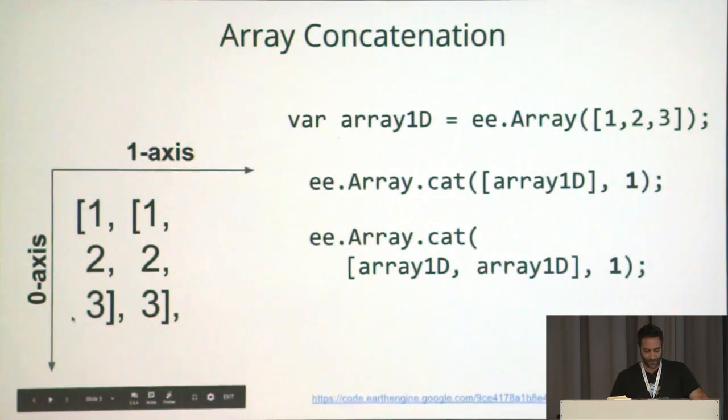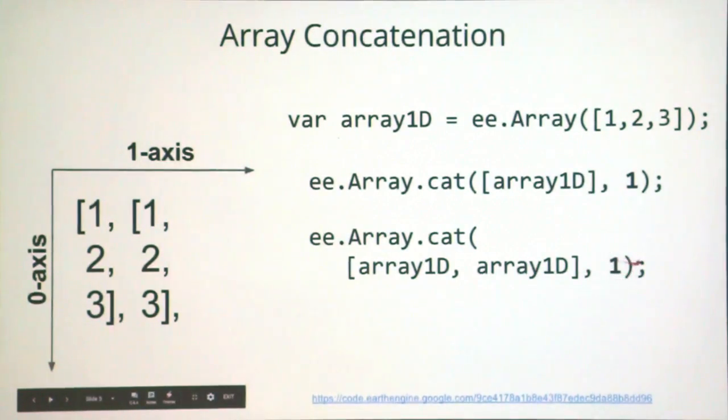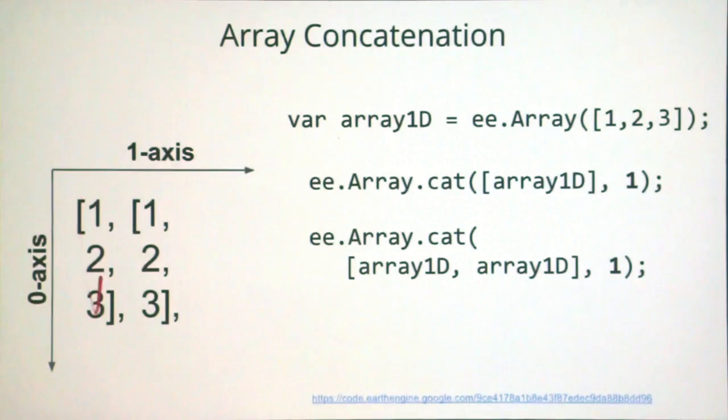So think of these things as lists of spectral data. Each one of these is an end member, and we just concatenated them along the 1 axis. So here's that 1 argument. Here's that 1 axis. Here are our lists of pixel values. And we can keep doing that. And that's what we did. And we got a two-dimensional array that way.